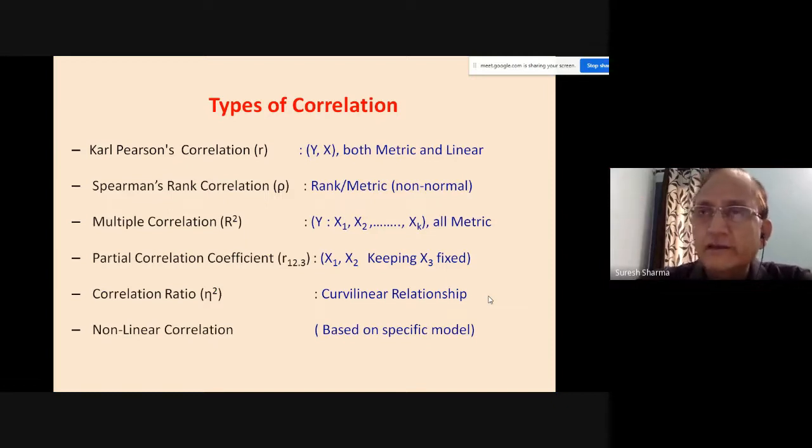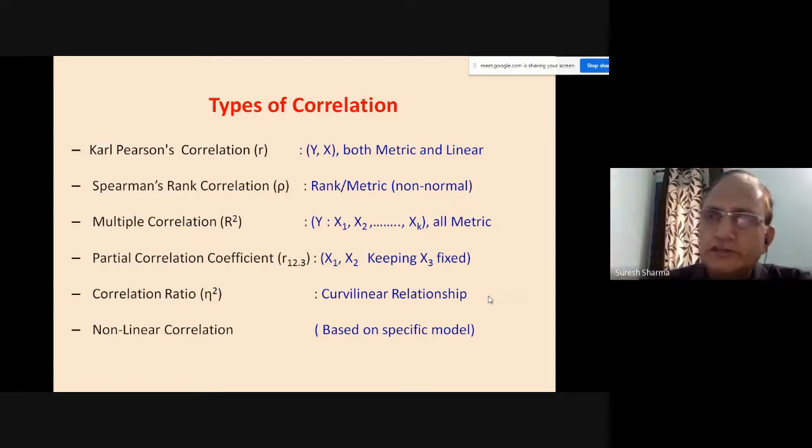But the condition is that both of them should be measurable quantities. Measurable means metric quantities. Like correlation between height and weight. Height is measurable, weight is measurable. Correlation between age and blood pressure. Age is measurable, blood pressure is measurable. Correlation between prices and consumption. Consumption quantity is measurable, prices are measurable, right?